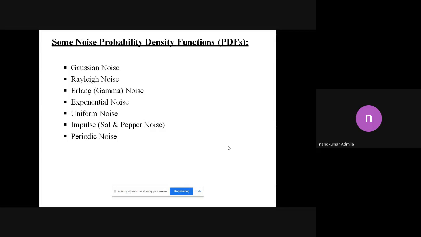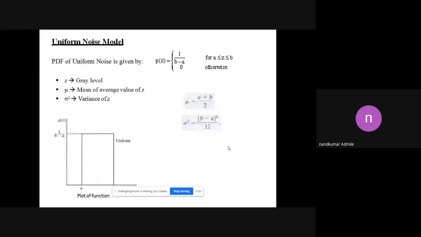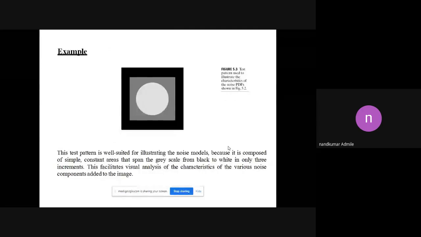The different types of noises are Gaussian noise, Rayleigh noise, gamma noise, exponential noise, uniform noise, salt and pepper noise, and periodic noise. We can study the mathematical equations and plot functions for the different types of noises.